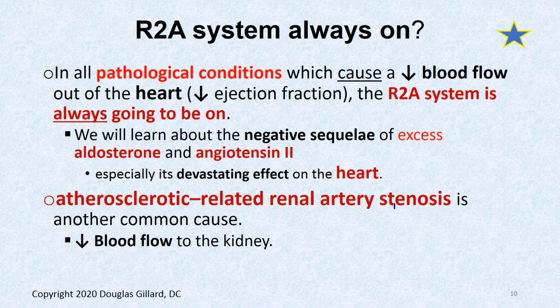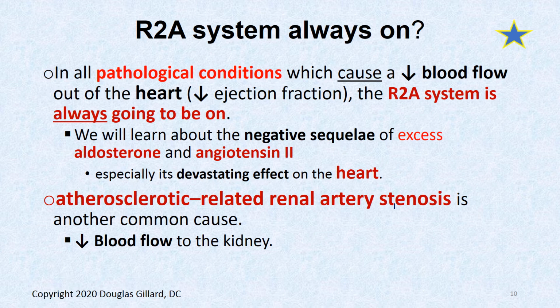What about an R2A system that's always on? Let's get into a little pathology now. That was pure physiology, but what about pathology? Can you think of a condition where the R2A system would always be on? Well, what if you have a failing heart, and therefore you would always have hypotension because there's not a lot of blood being pumped out of the heart.